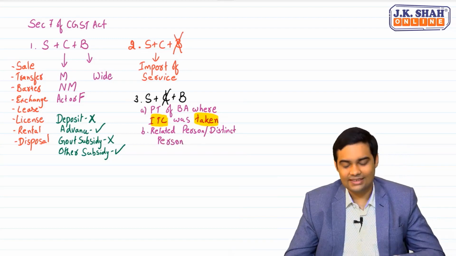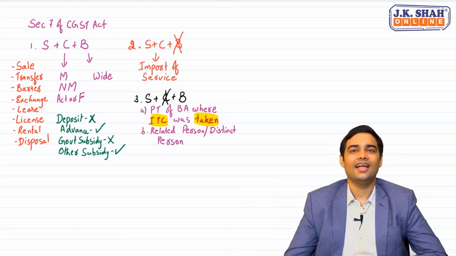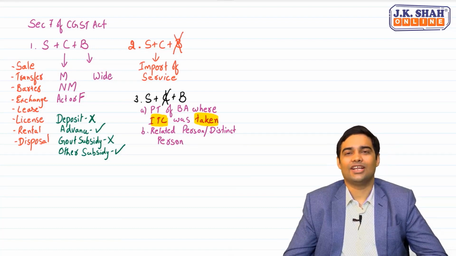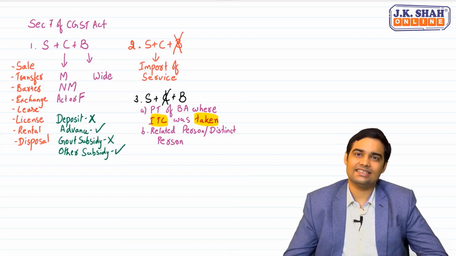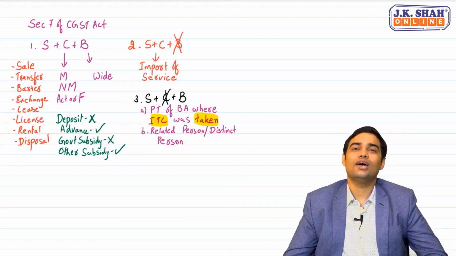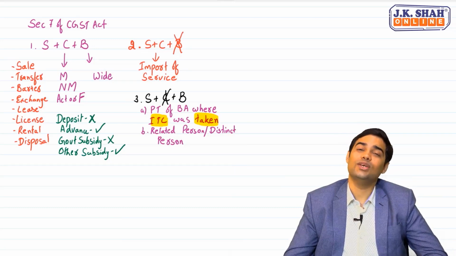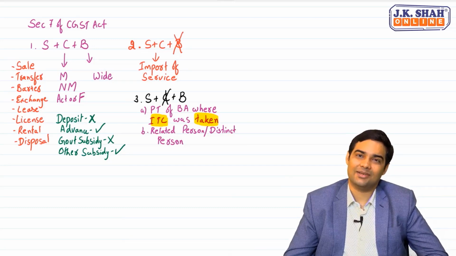Now see this carefully. Say suppose I give a particular product, being my business asset, free of cost to a related person. Government says, I need GST on this transaction. Now, who is covered in the meaning of related person?